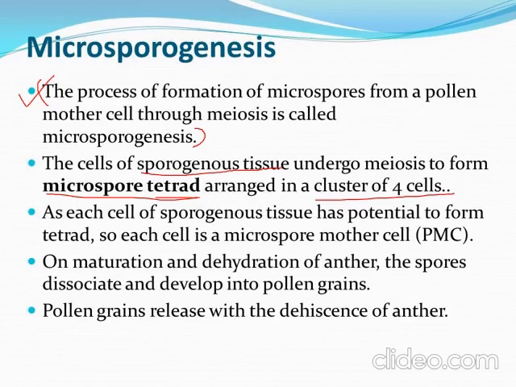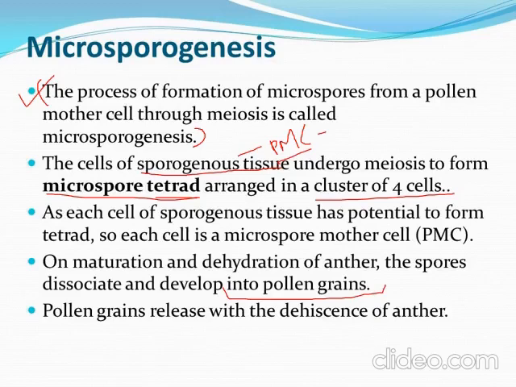Each and every cell present inside the sporogenous tissues has the capacity to behave as PMC, meaning pollen mother cells, and these will undergo meiosis to form the microspores. First they will be in tetrad form, and then on dehydration they will be released into the atmosphere and develop into mature pollen grains.